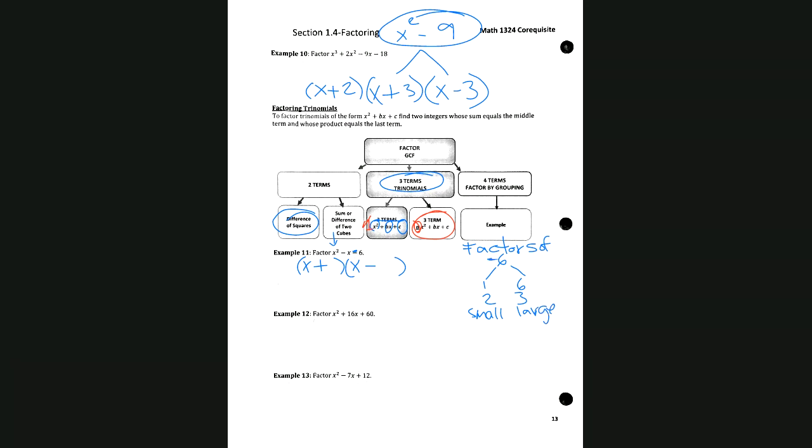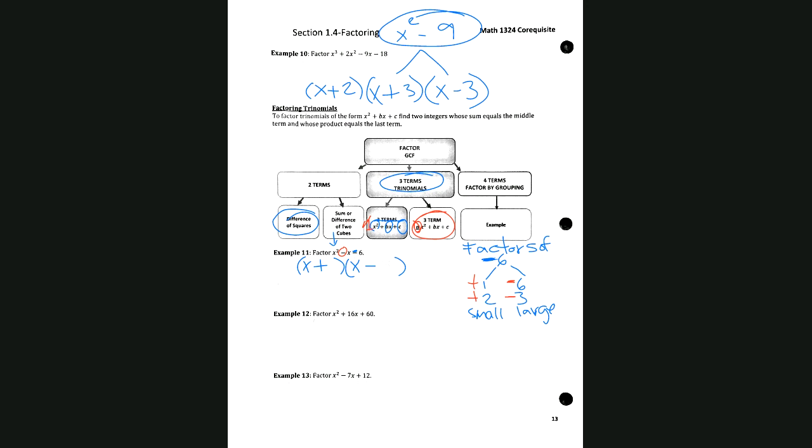So one of our columns needs to be negative and the other column positive. So for that, we look at the second sign of the trinomial, which is a negative. And so that tells me that the factor with the largest absolute value will carry that negative sign. So this will be negative, negative, positive, and positive.